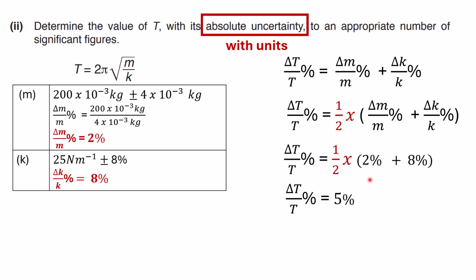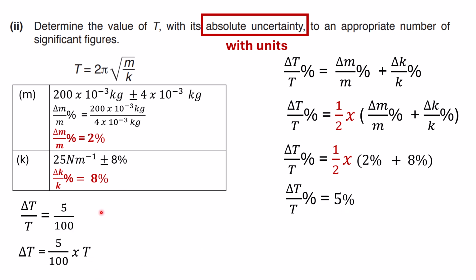Then we do the substitutions. The percentage uncertainty for mass is 2, and the percentage uncertainty for the constant is 8. So 2 plus 8 is 10, times half is 5%.